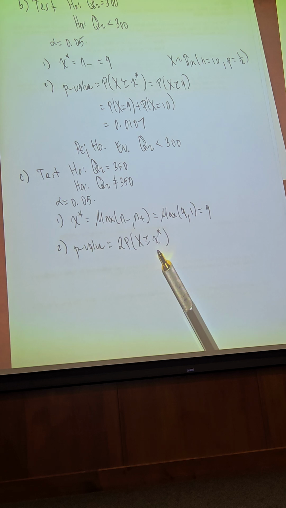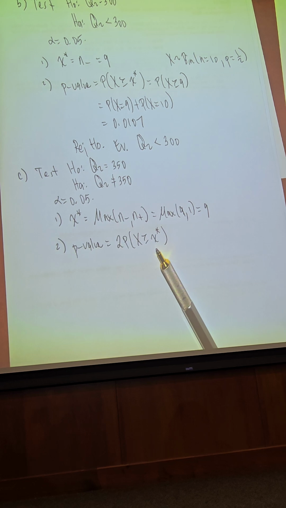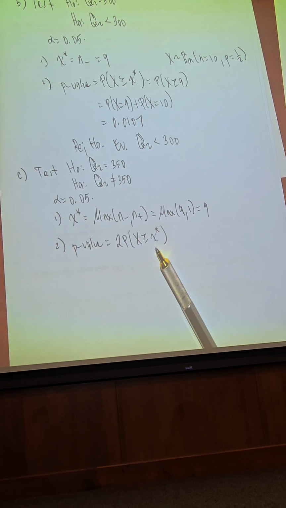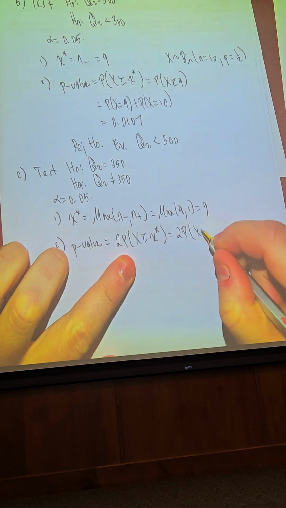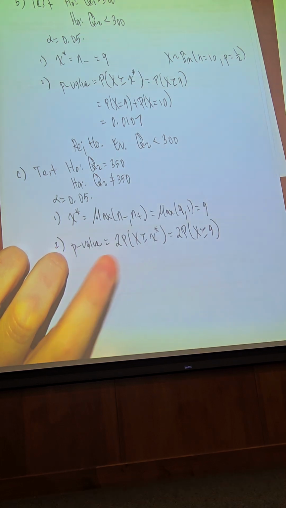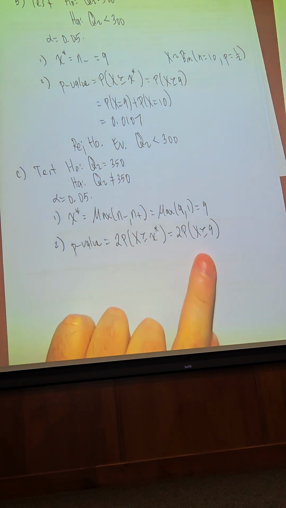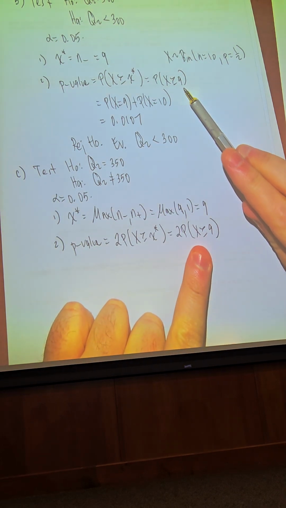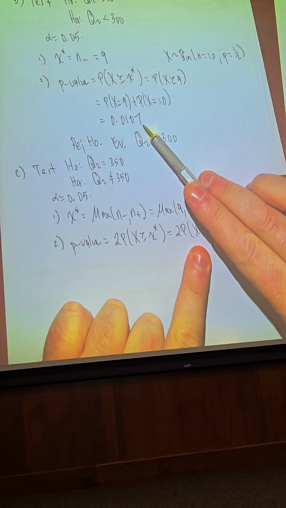Which looks kind of similar to what we've done before. Remember, x still has that binomial distribution, and so I really have to take twice the probability that x is greater than or equal to 9. And we just found the probability x is greater than or equal to 9 above, right? So it's really twice this guy right here.